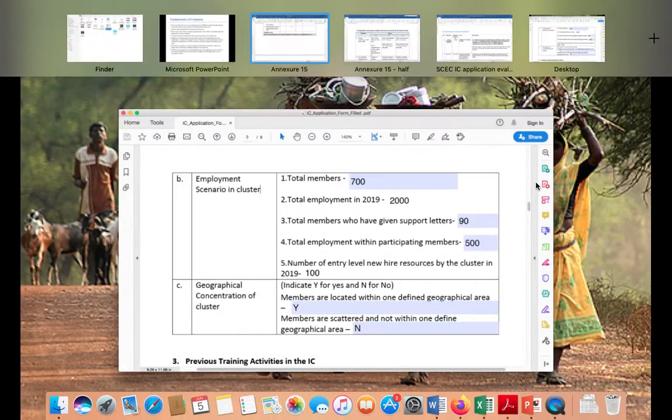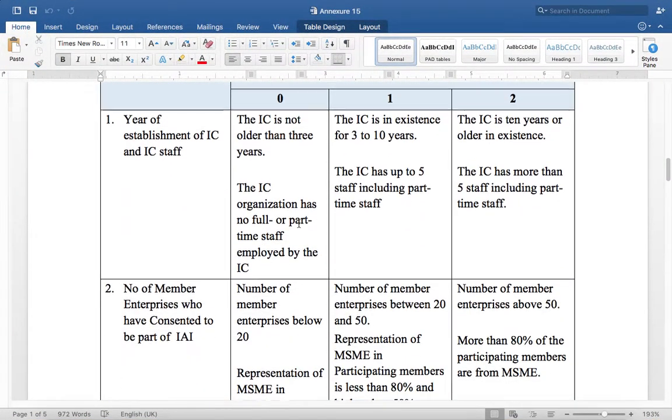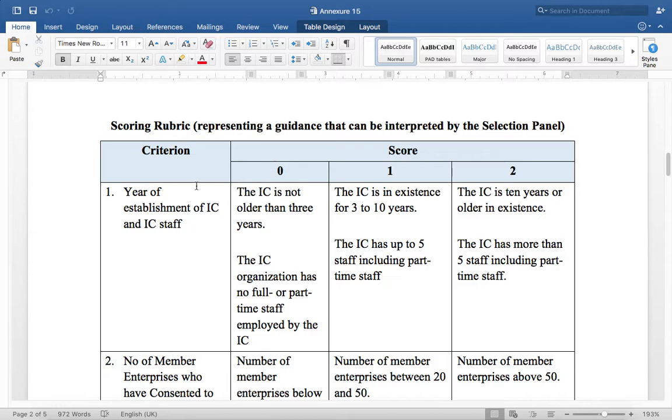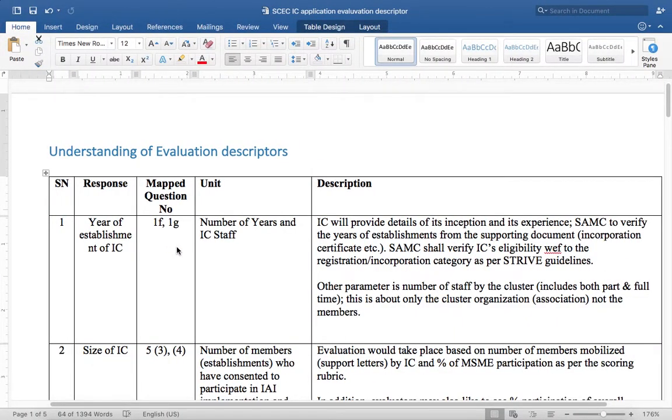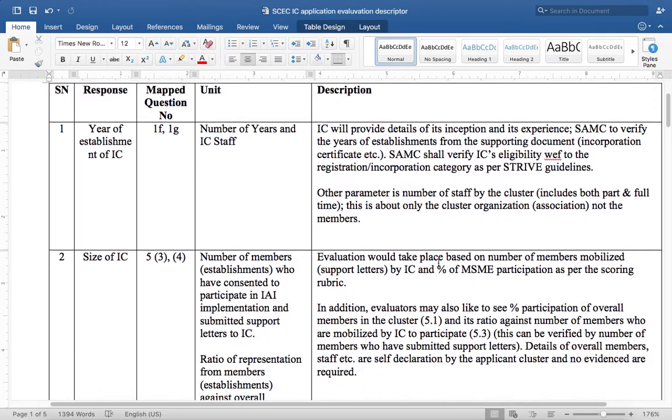The same annexure has the total scoring rubric values for each of the evaluation categories, and we have also introduced a new document this time to help you understand the mapping of questions with a specific evaluation category through these evaluator descriptors, which has a dedicated section called description, where the unit values and the mapped question numbers are discussed and elaborated in detail.